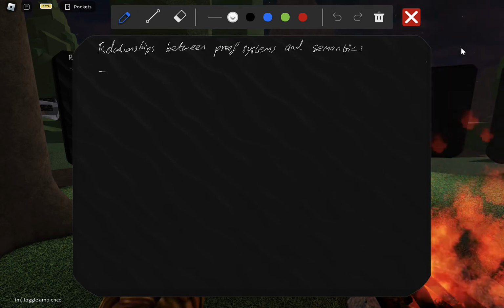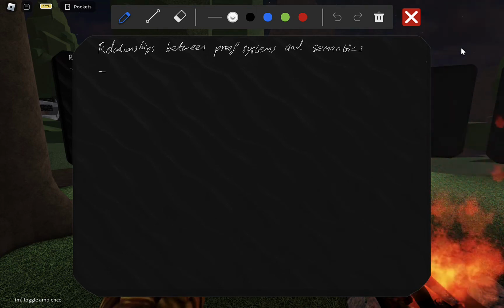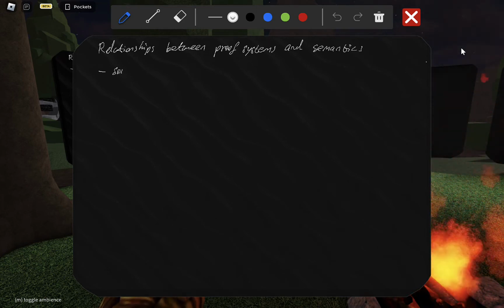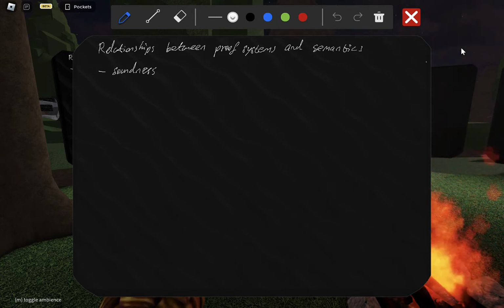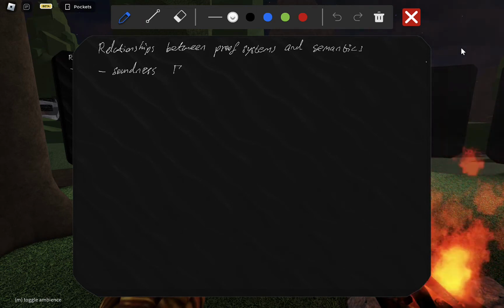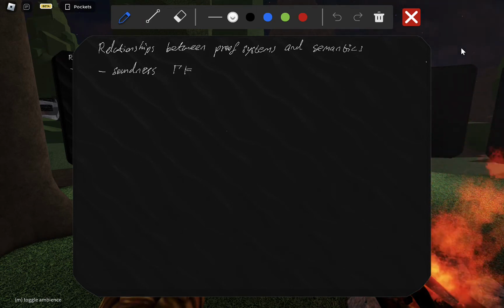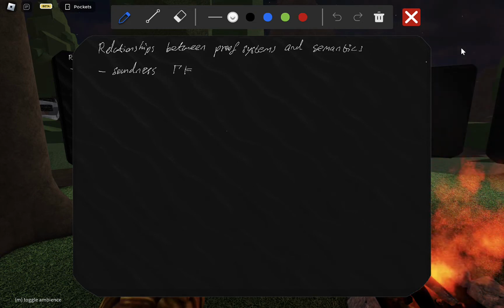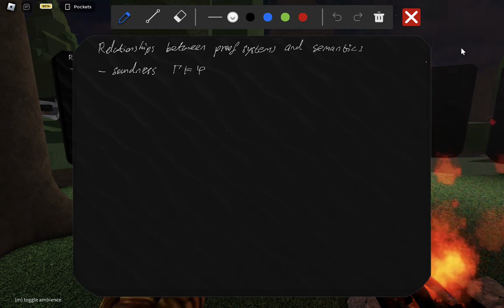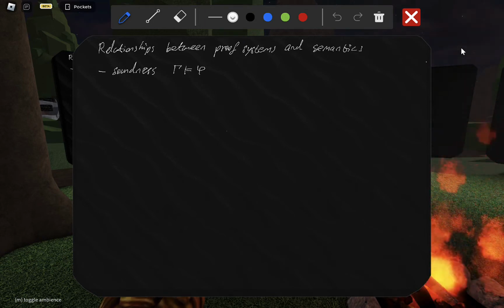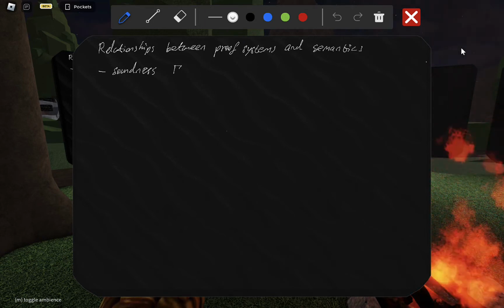And so one of those properties is soundness, which is usually expressing something like: if you've got some set of formulas gamma and some formula phi semantically follows from it. Sorry, this is the wrong direction.